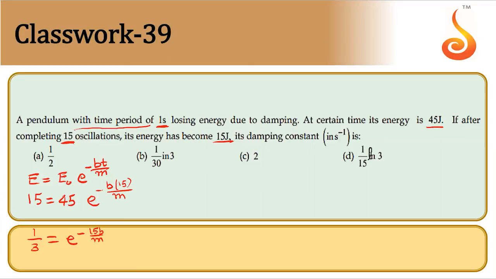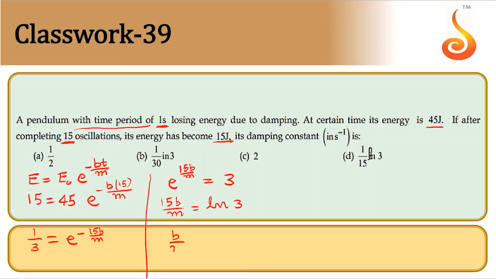We need to find b. So e to the power 15b by m equals 3, taking reciprocals. So 15b by m is equal to ln 3.